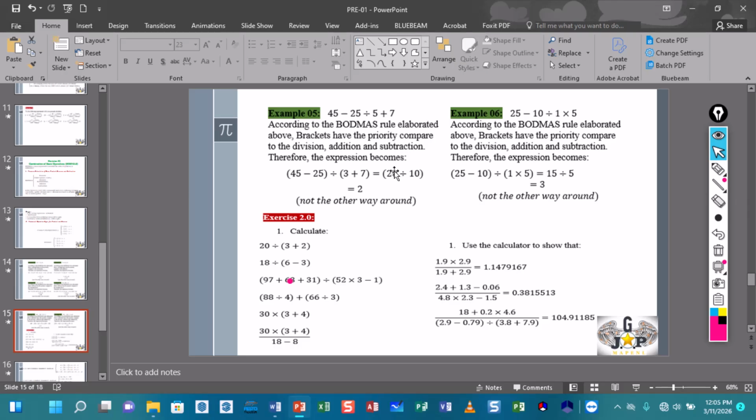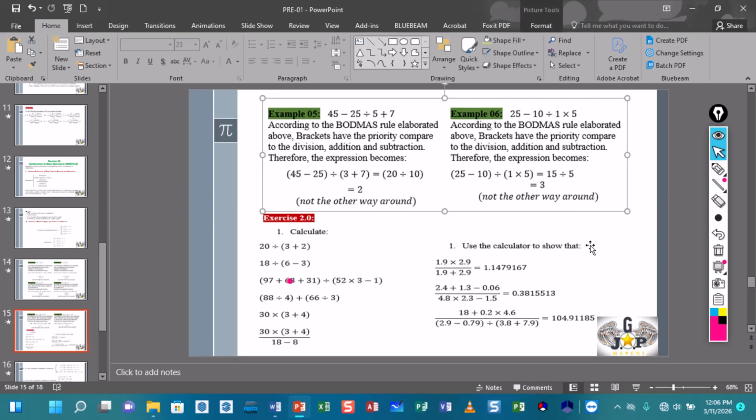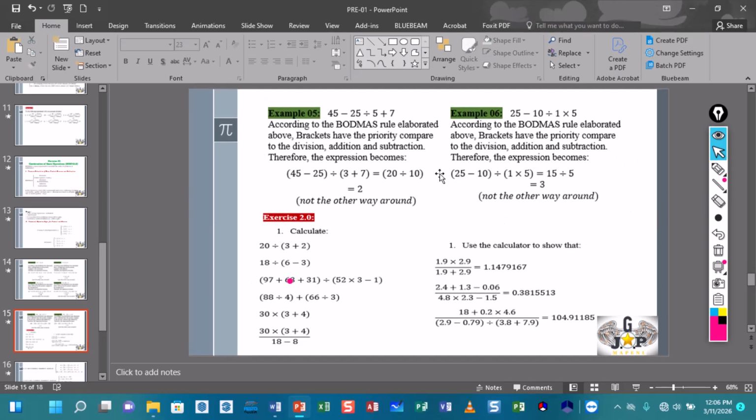The BODMAS rules still apply, but some of them may become tricky. And the other thing I'm going to share with you, what I've learned throughout my scholar courses, is that most of these kinds of BODMAS operations become a little bit complex.